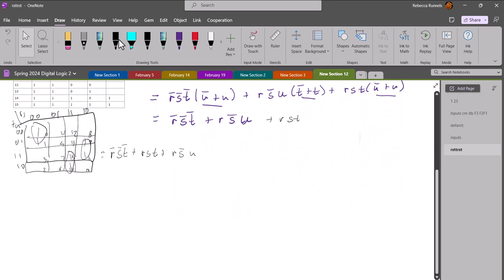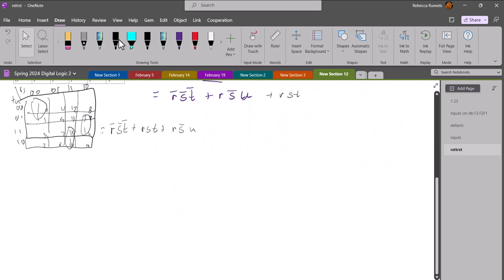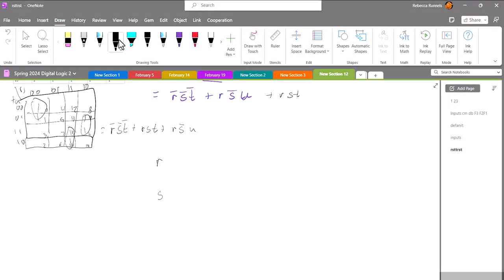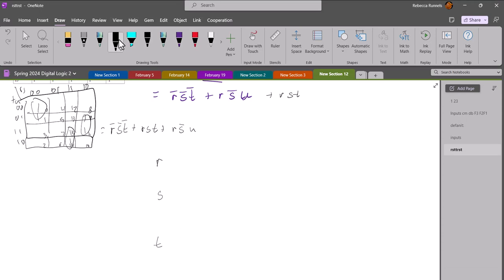So if I wanted to do that with just any gates available in the lab, I would have R, S, and T, and then I would, for each one of these, come up with its complement, and then I'd use a 3-input AND gate to make each of these terms.